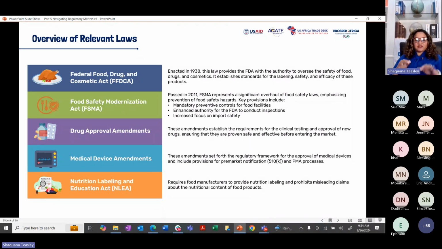I've had a client that was stuck in this area for an extended period of time. By the time they reached me, they could not figure out what they were missing because they were in compliance with so many other things. And by the time I met them and started to deep dive into what the issue was, it was all labeling, all labeling. They worked with someone within their foreign country and they had all the labeling requirements for their home country, their domestic country.